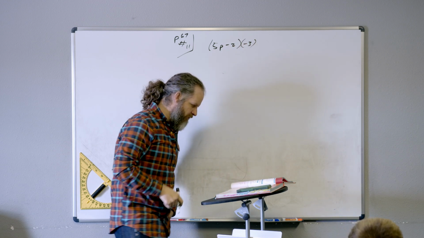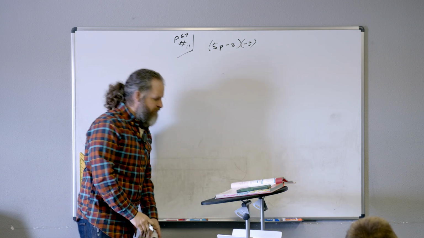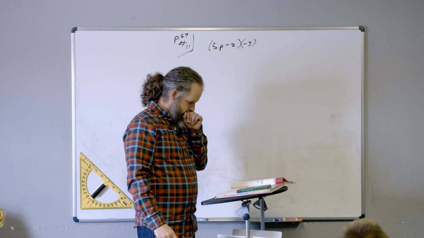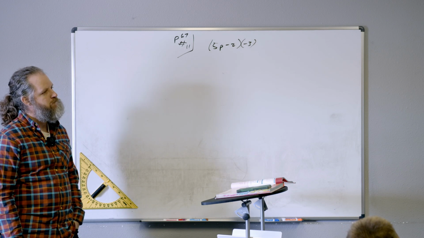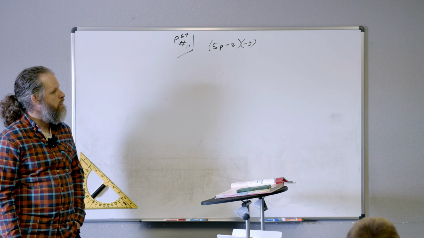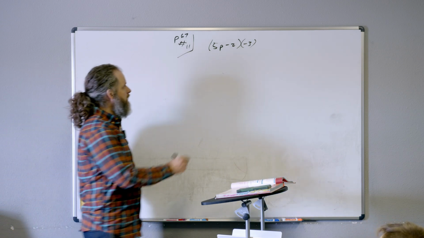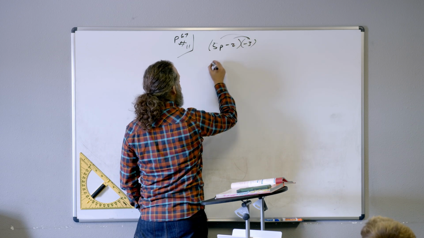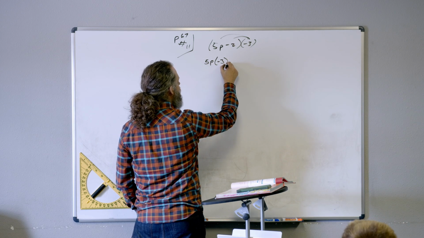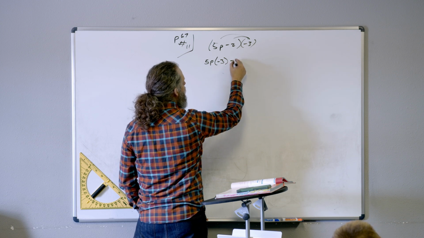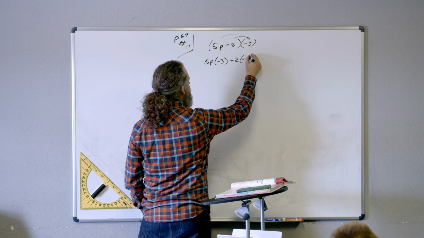So it says to rewrite each expression using the distributive property, then simplify. So how do we rewrite this using the distributive property? So it'd be 5p times negative 3 minus 2 times negative 3, right?